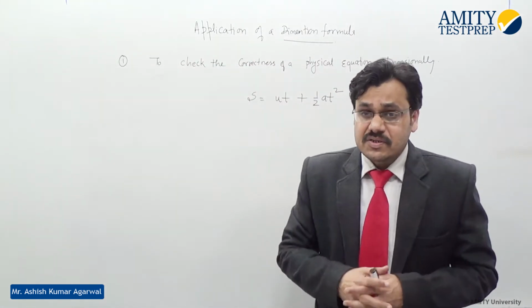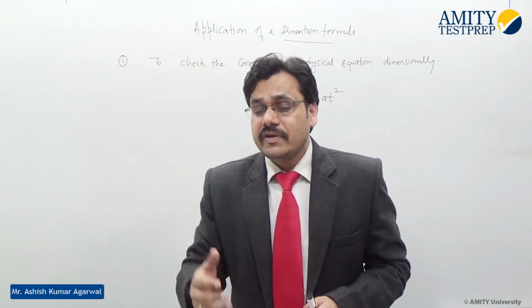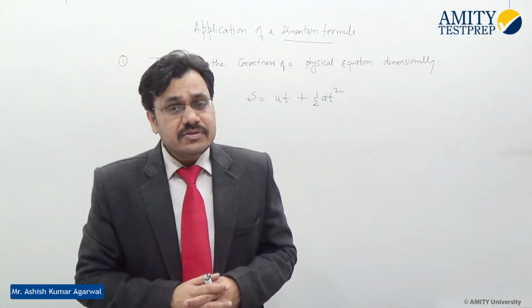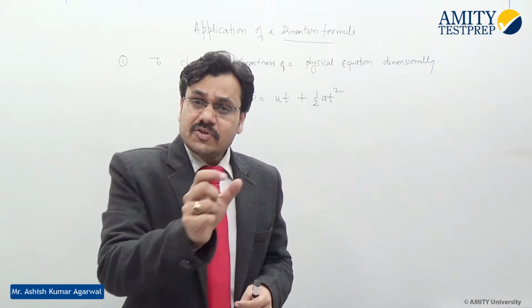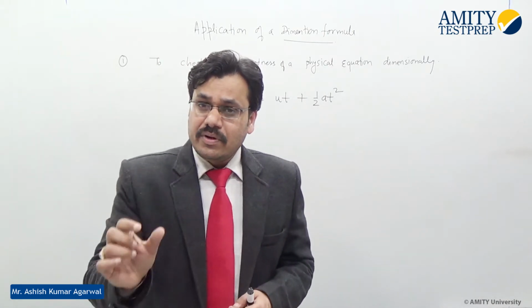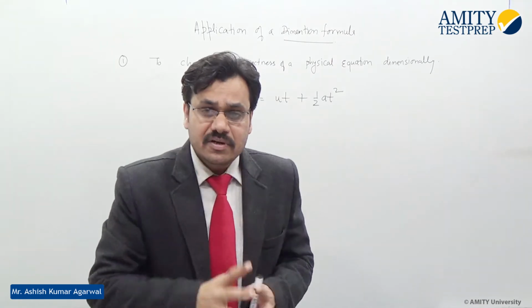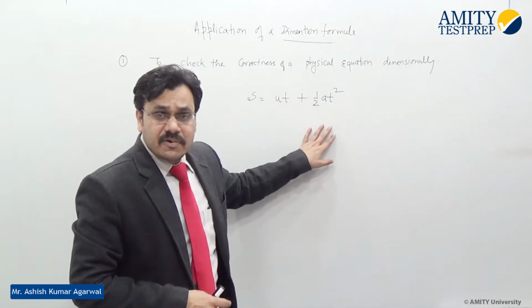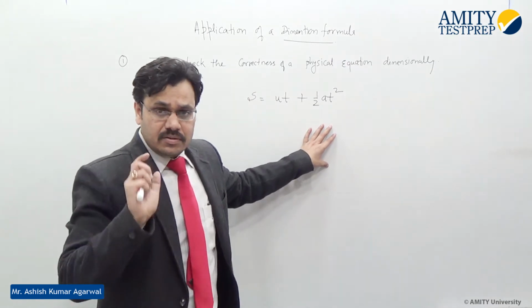This process is called homogeneity of equation. Whenever I have written an equation, all terms of that equation should have the same dimensional formula. So we can check whether this formula is dimensionally correct or not.